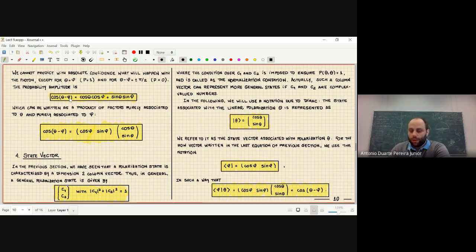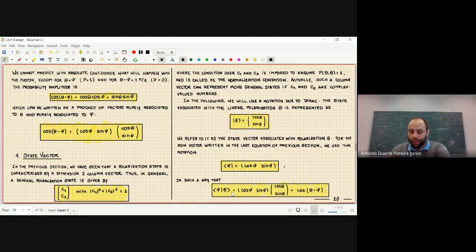So the scalar product between this row vector and this column vector gives cosine of theta minus phi. But we have seen that the probability of getting a photon with polarization phi, if it was prepared with polarization theta, is actually cosine squared. So we can just square this equation, and this will be cosine squared, and this will be the Dirac bracket squared.